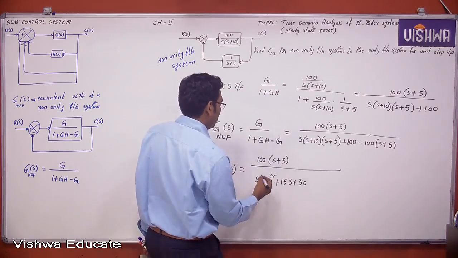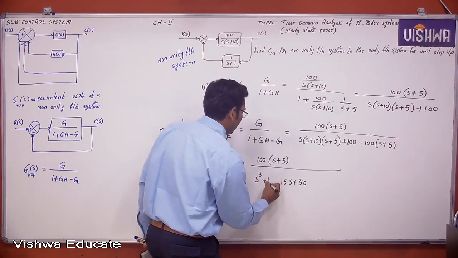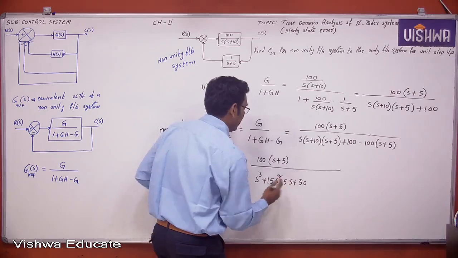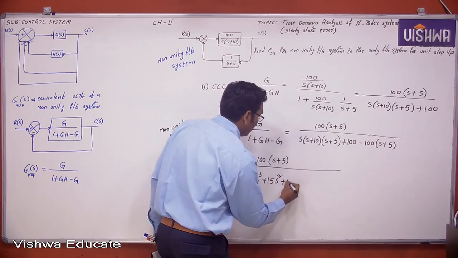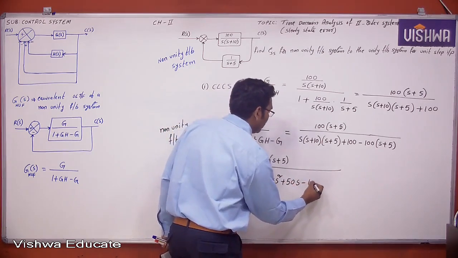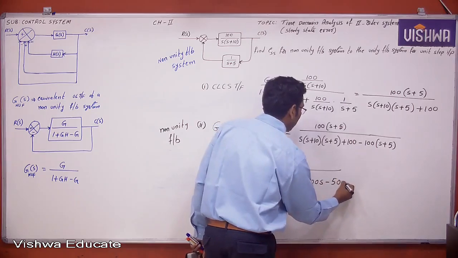So this is nothing but s cubed plus 15 s squared plus 50s minus 100 into (s plus 5), which is minus 100s minus 500.